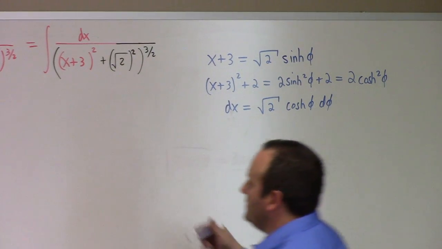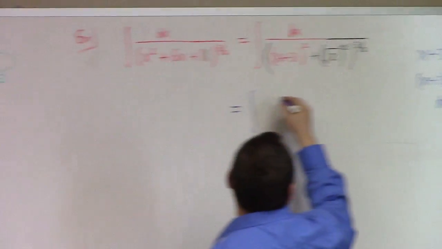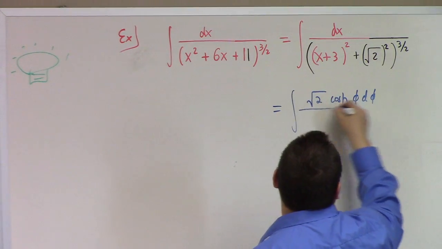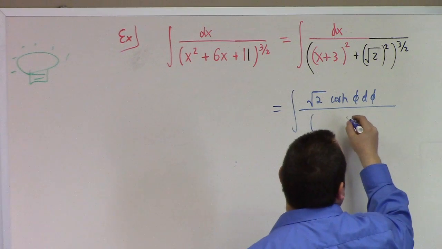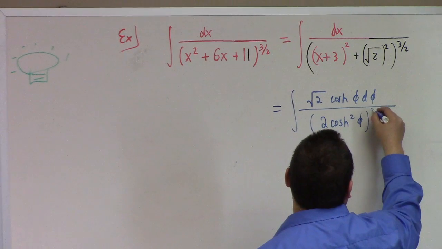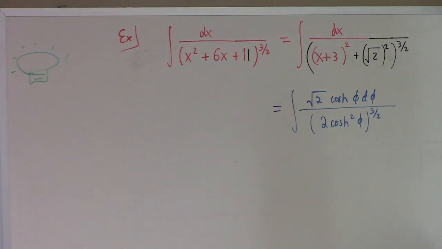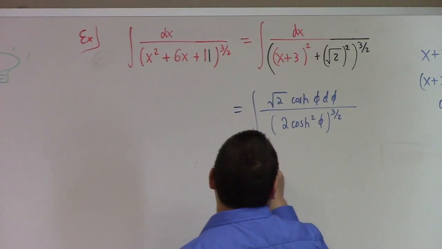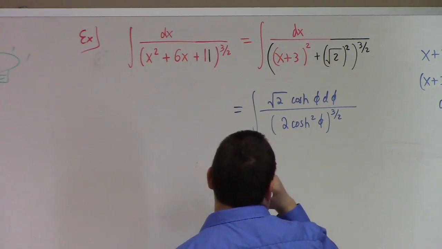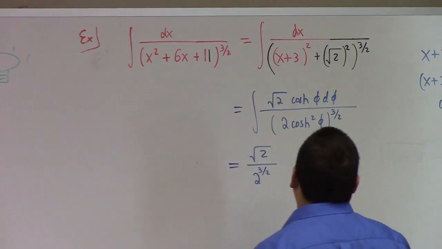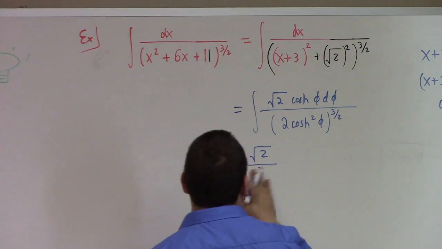Yeah, I think that's it. So this is what? dx is root 2 cos phi d phi. And then down here we've got the 3/2 power of 2 cos squared phi. What do we get then? We've got square root of 2. Let's see, what's 2 to the 3/2 power? Well, I'm just going to write it as 2 to the 3/2 power, if that's okay with you guys for the moment. Let me simplify that a little bit. 2 to the 3/2 power is what?